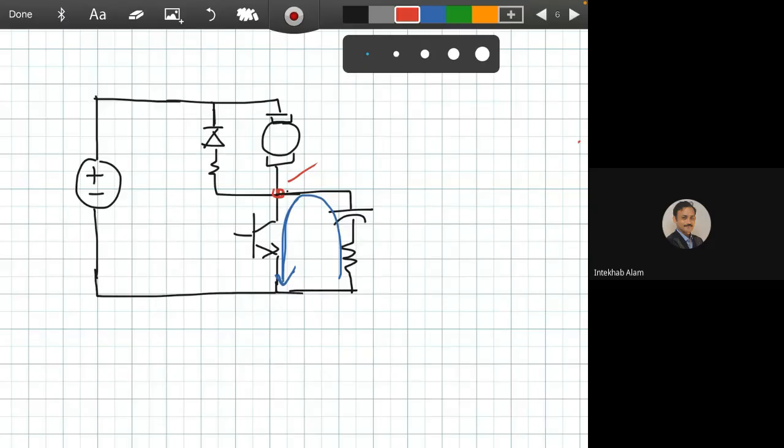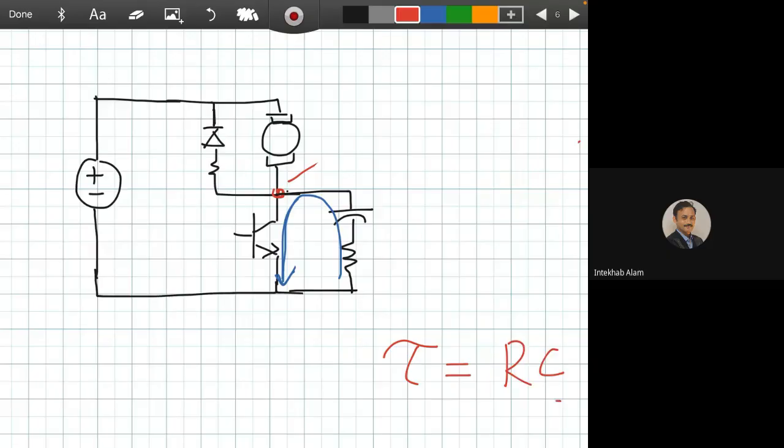Because for capacitor charging time, we have the equation tau equals RC. Can you recall this equation? The time constant? Yes, sir. So if we add a resistance in here, the time constant will be increased, so the charging time will be increased. Whenever we switch off the BJT, the charging time will also increase, and the discharging time will also be increased.